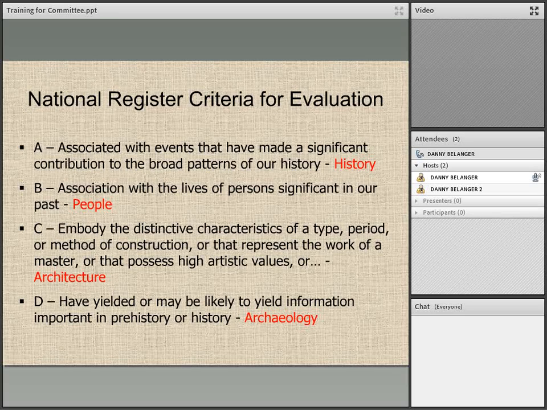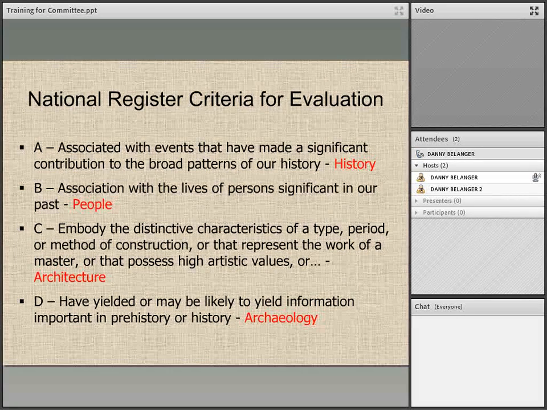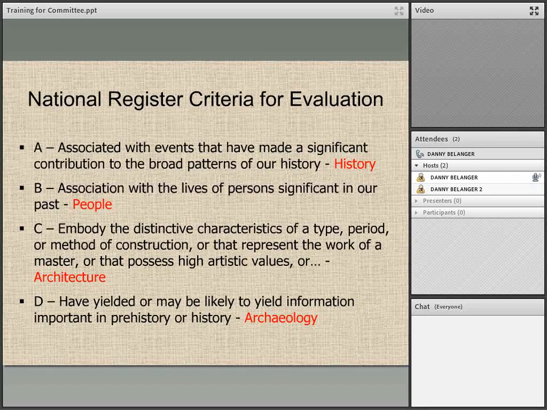C, embody the distinctive characteristics of a type, period, or method of construction, or that represent the work of a master or possess high artistic values. This is architecture. And the last one is D, which is archaeology, and it discusses resources that have yielded or may be likely to yield information important in prehistory or history. So those are your 4 criteria.